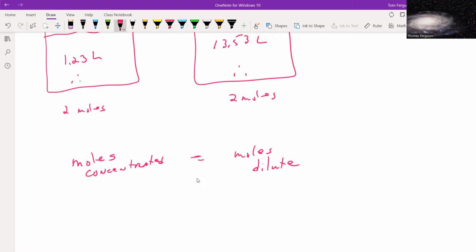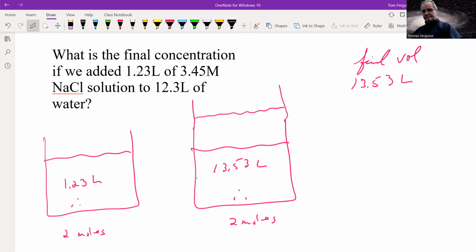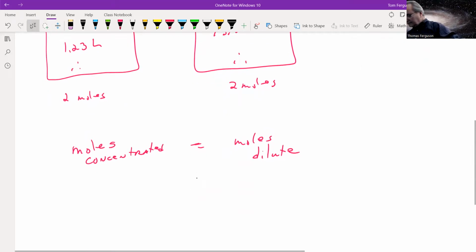And the converse is true also. Moles of dilute equals moles of concentrated. The only thing that's changing is the volume. Okay, so we can calculate the moles of what we started with. We started with 1.23 liters of 3.45 sodium chloride. Okay, 1.23.